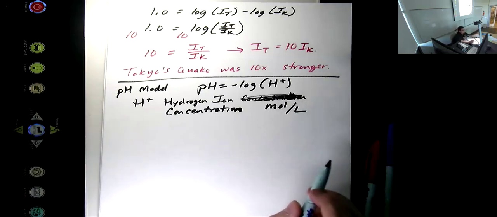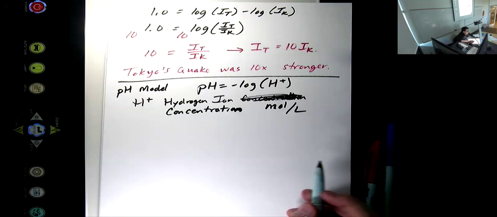So those of you taking chemistry, that's where the pH system comes from. It's a math measurement. Should surprise you, their numbers, right?